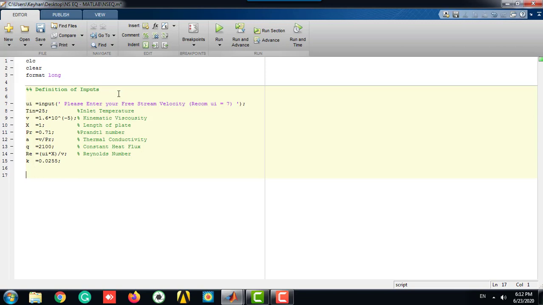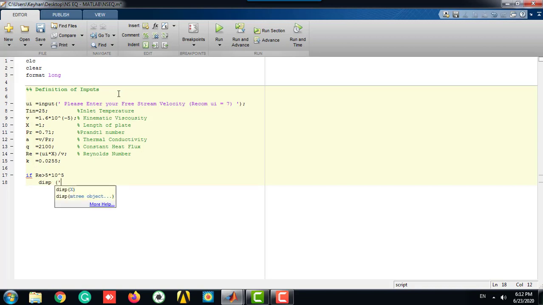Alright, after defining inputs, we need to check the turbulence condition, since all the discretized equations are based on laminar flow. So we write an if condition and define a warning for the user.